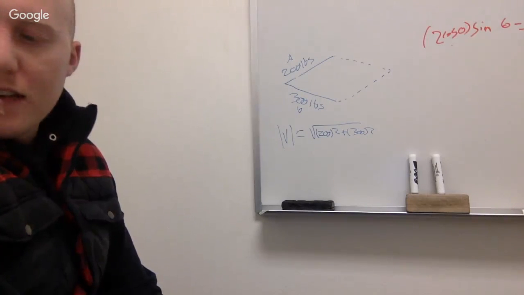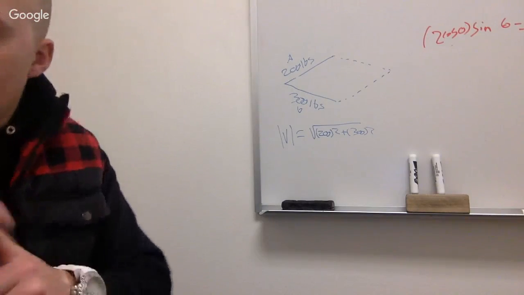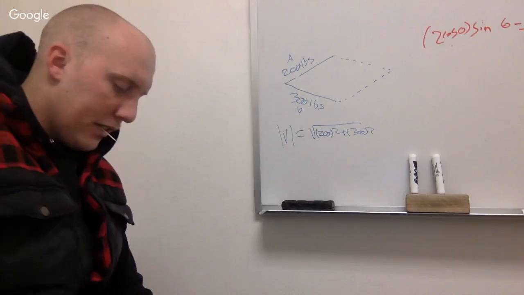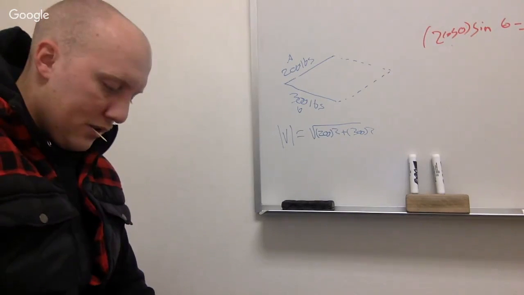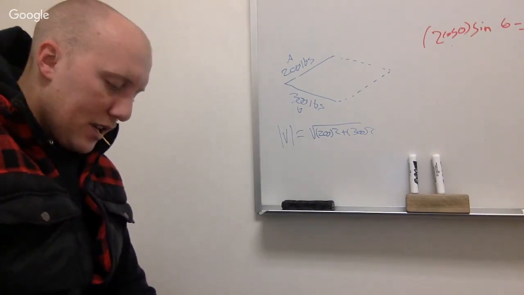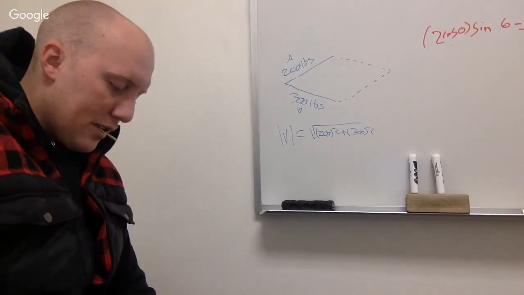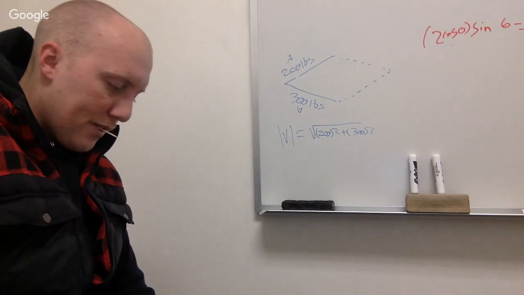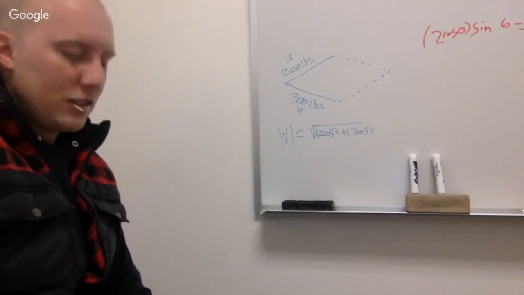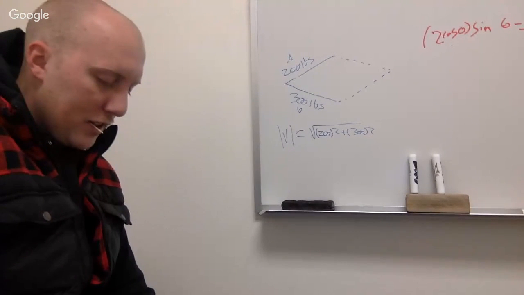That's 40,000, and 300 squared is 90,000, so it would be 130,000 pounds squared, right? So we take the square root of that.